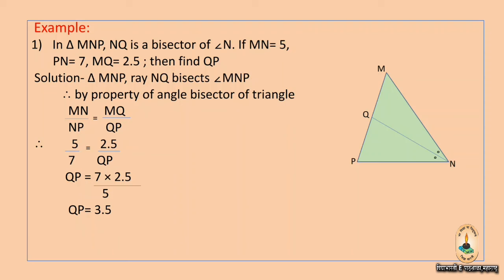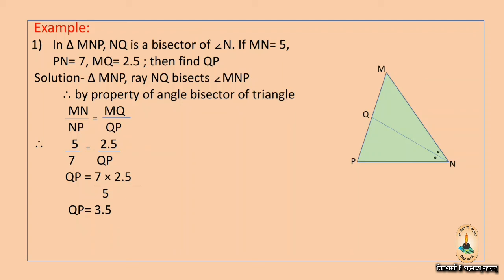Therefore, substituting the values of MN, NP and MQ, we have 5 upon 7 equal to 2.5 upon QP.